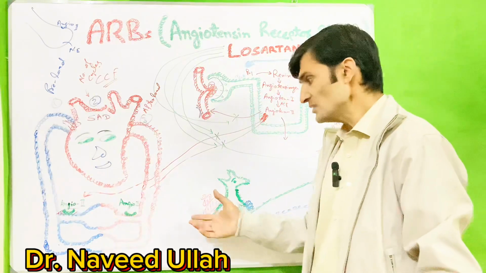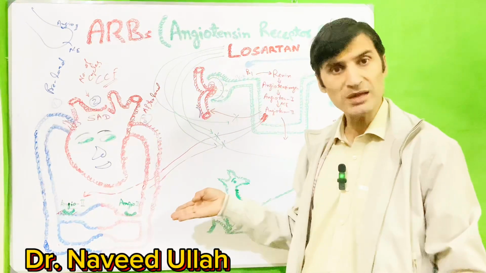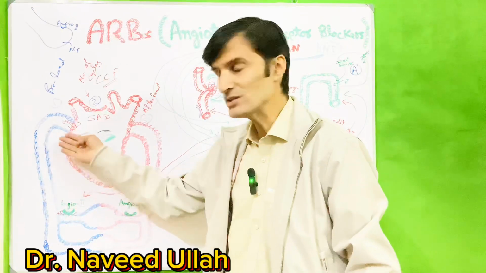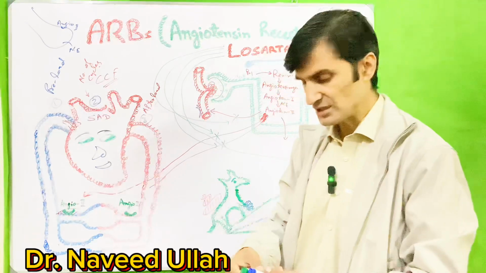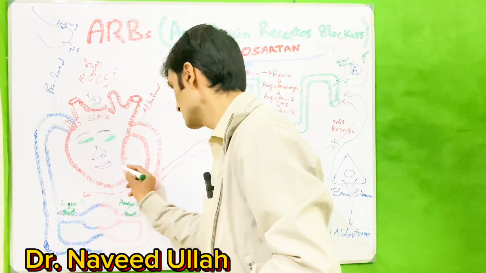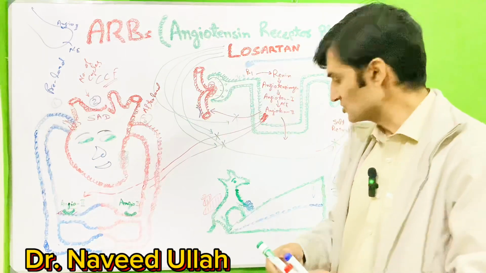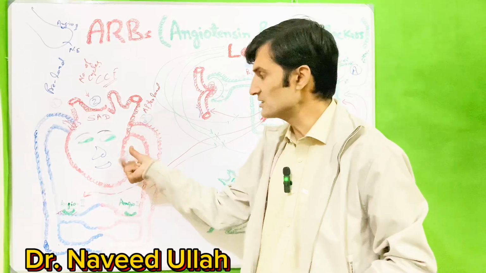So last time we had discussed that if we reduce the preload, the load on the back of that donkey, the blood going towards the heart, it will be a help to that heart. For example, that heart is a sick heart. That donkey is a sick donkey. One leg of that donkey is damaged. A part of the myocardium of that heart is damaged.